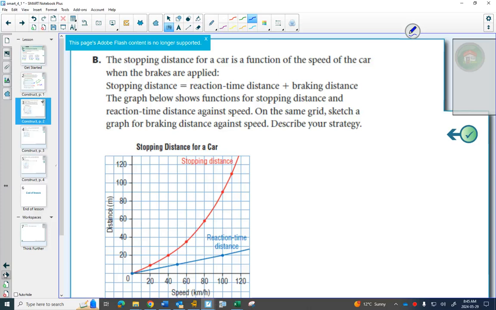You react. It takes you a little bit of time to react, to lift up your foot and slam on the brakes. In that tiny millisecond, hopefully the quick reaction, your car still moves forward. That's called the reaction time distance, which is here in blue.